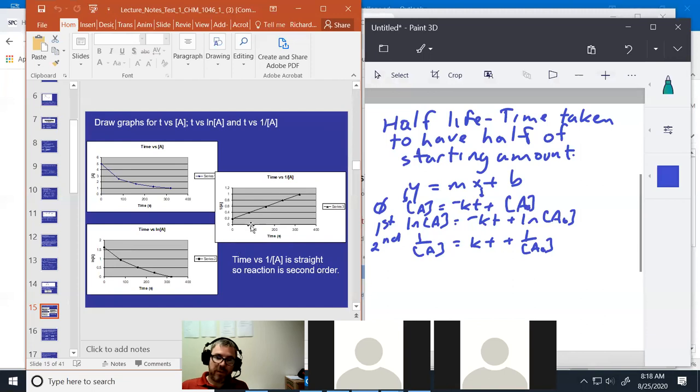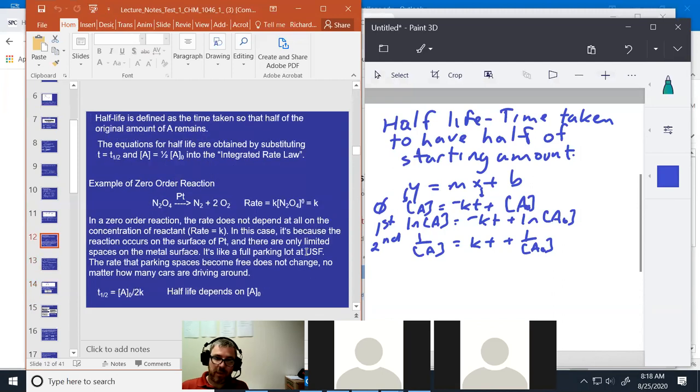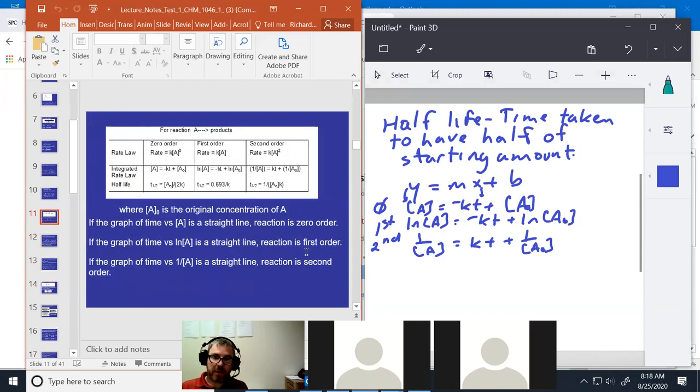So since this one, the 1 over A, is a straight line, that means it's second order. Now, all of this comes from what I was talking about earlier with this table here. This is how I know. 0 order, Y equals A if it's a straight line.